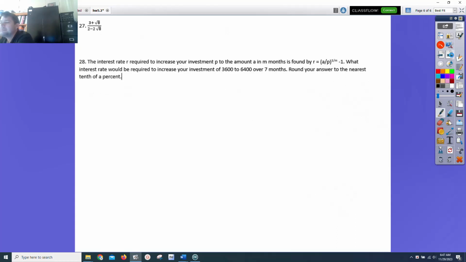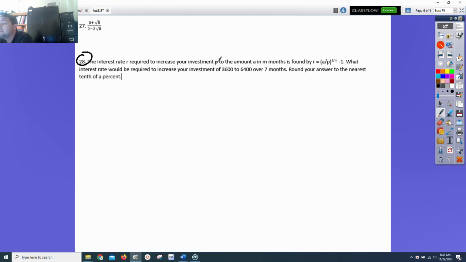And there's one more page. 28. The interest rate R required to increase your investment P to an amount A in M months is found by R equals A over P raised to the 1 over M minus 1. What interest rate would be required to increase your investment of 3,600 to 6,400?